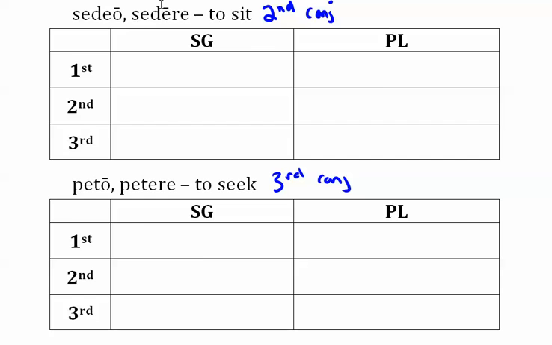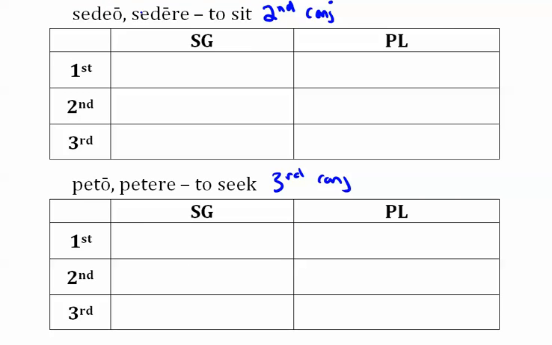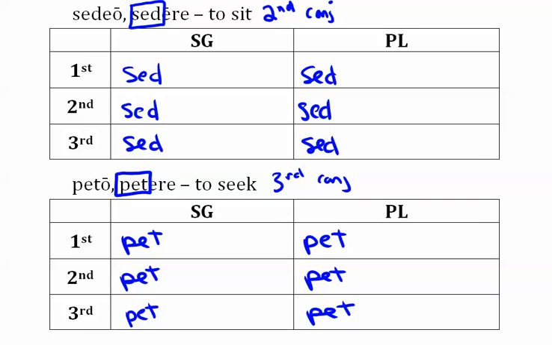For sedeo, sedēre, if I remove the last three letters from the infinitive, I get sed as a stem. And from petto, petere, if I remove the last three letters from the infinitive, I get the stem pet. So I'm going to go ahead and magically, quickly add those to all the boxes. And boom, there it is. So we have our stem in all the boxes.